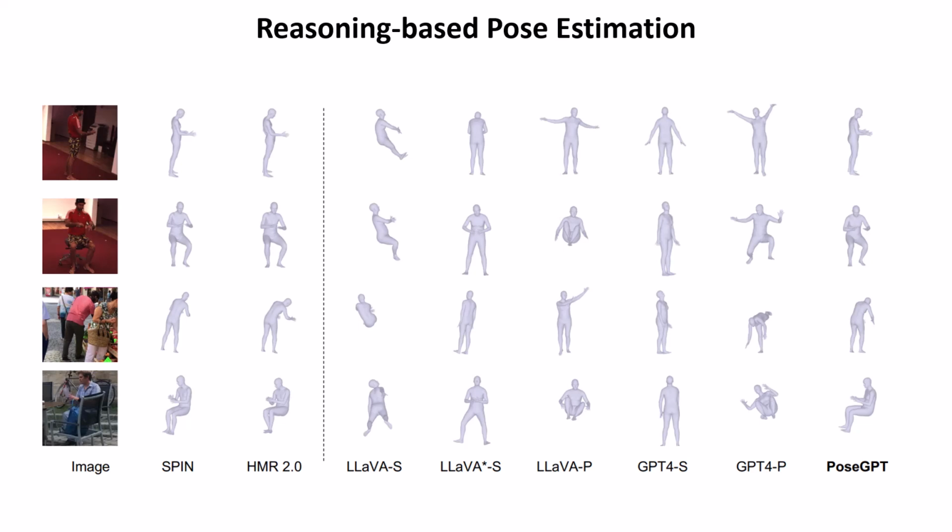But PoseScript is not accurate to estimate based on that description, and GPT-4 did its job very good, but we can see that GPT-4-S results are more reasonable, but again they are not as accurate as PoseGPT.